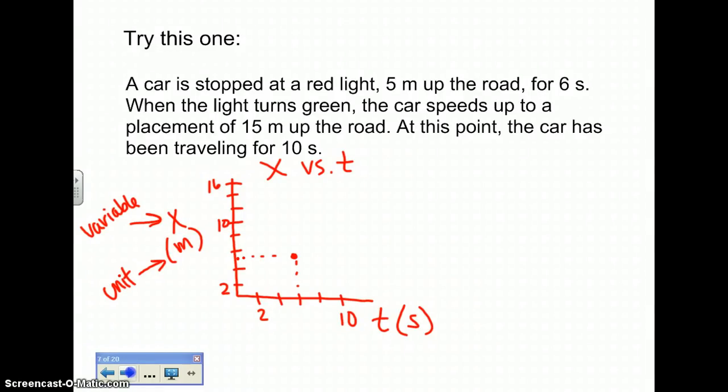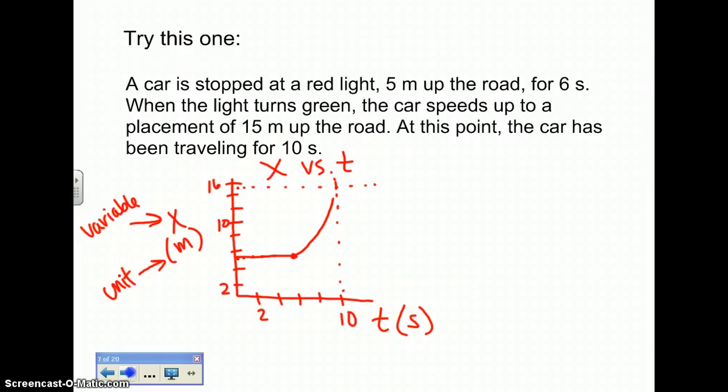So if you're just stopped up the road, okay, it's a position time graph, and that means that as time was going on, I was standing still. I was not moving anywhere. So after those initial 6 seconds, I'm still at 5 meters up the road. When the light turns green, the car speeds up to a placement of 15 meters up the road. At this point, it has been traveling for 10 seconds. So here is our 15 meters, and here is our 10 seconds.